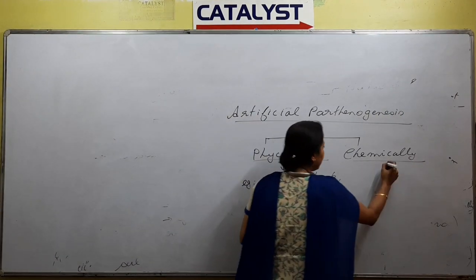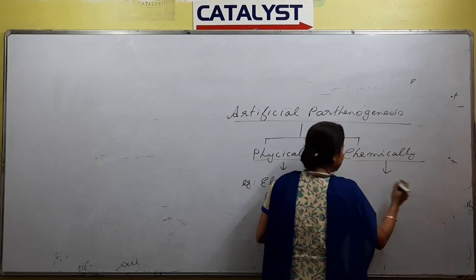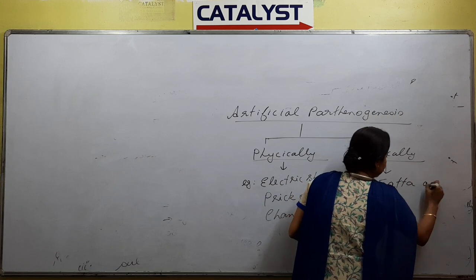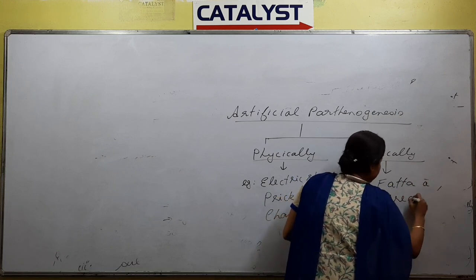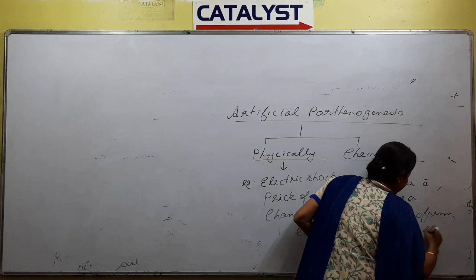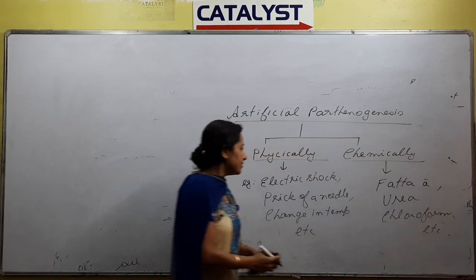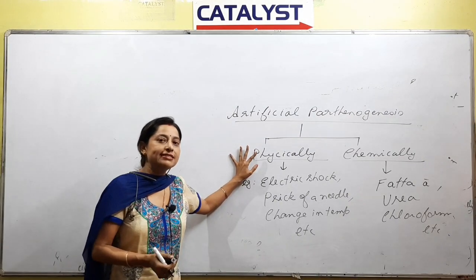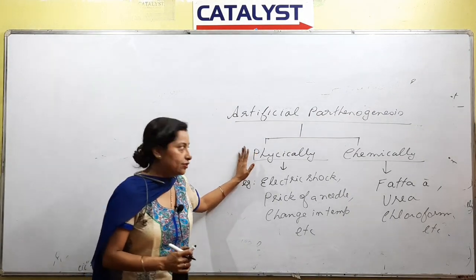Similarly, if you are talking about application of chemicals, it could be fatty acid, urea, chloroform, etc. Right, so the basic detail we need to know is that natural and artificial both methods are present when we are talking about parthenogenesis. So this is all about parthenogenesis.